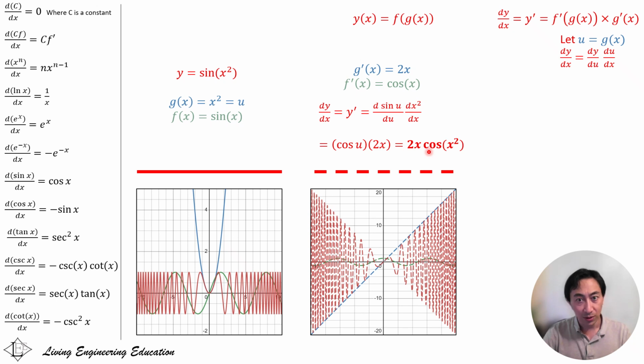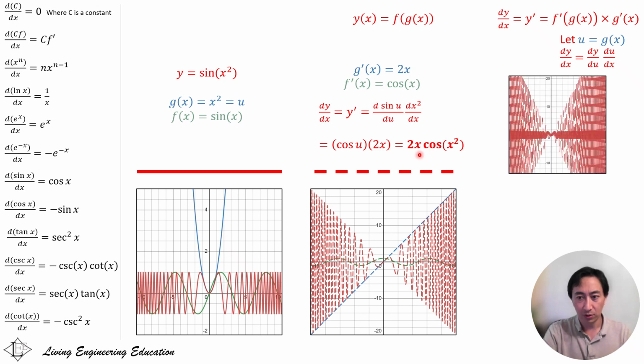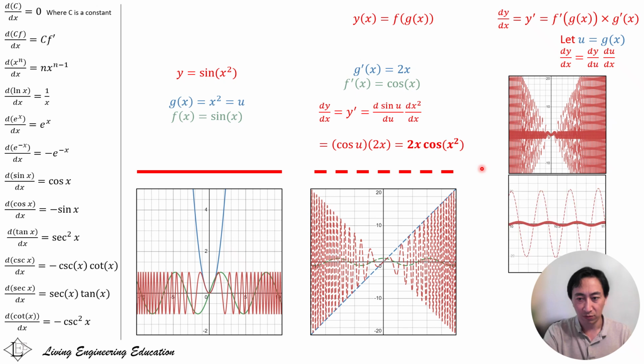And it does make sense on a practical level. We can take a look here. The dark red in the center part represents sine x squared. The growing dashed lines, just to make a distinction, are 2x cosine x squared. If we zoom in a little bit more, the solid line is the function itself, and where we have peaks or troughs is where we'll have the zero points on the dashed line, crossing the x-axis right here, which you would expect.